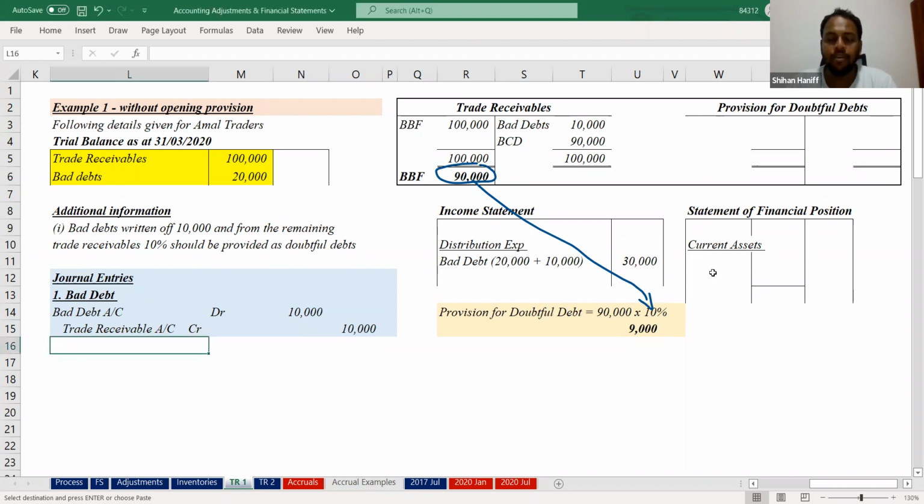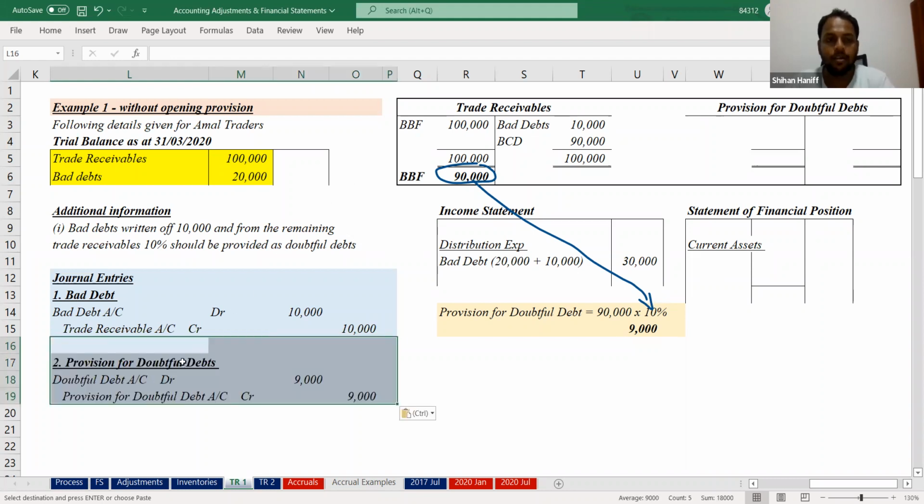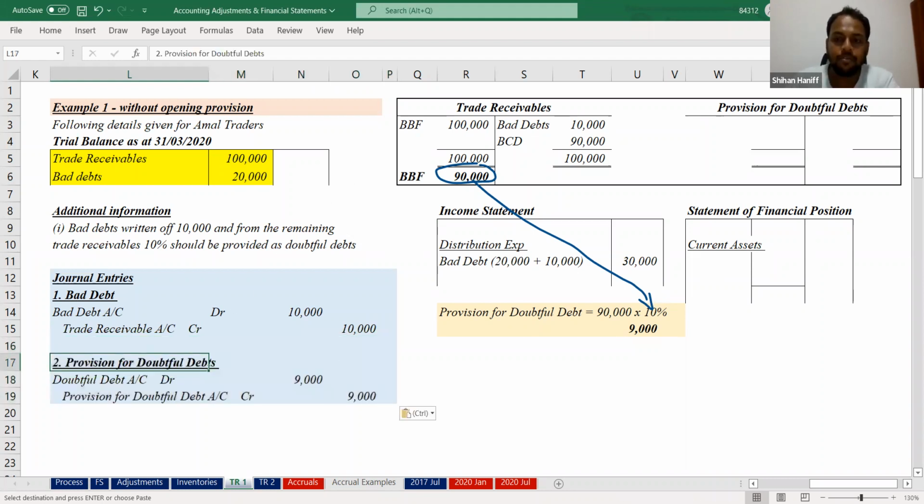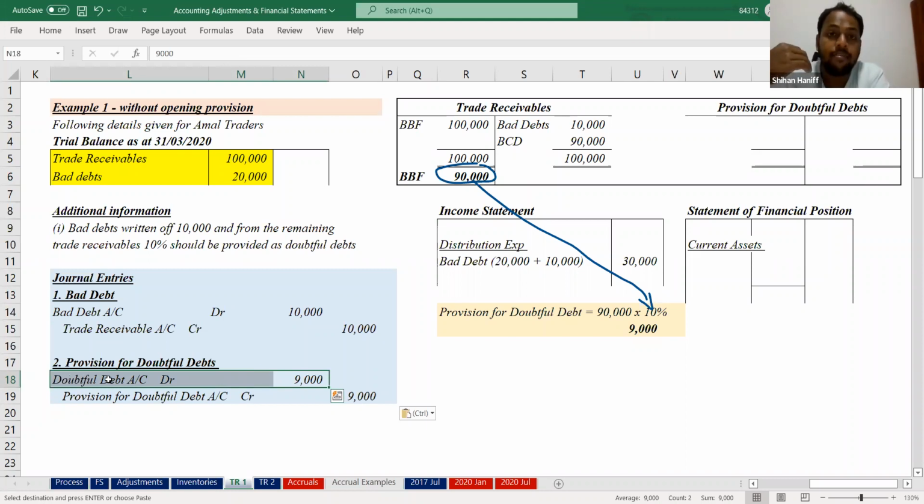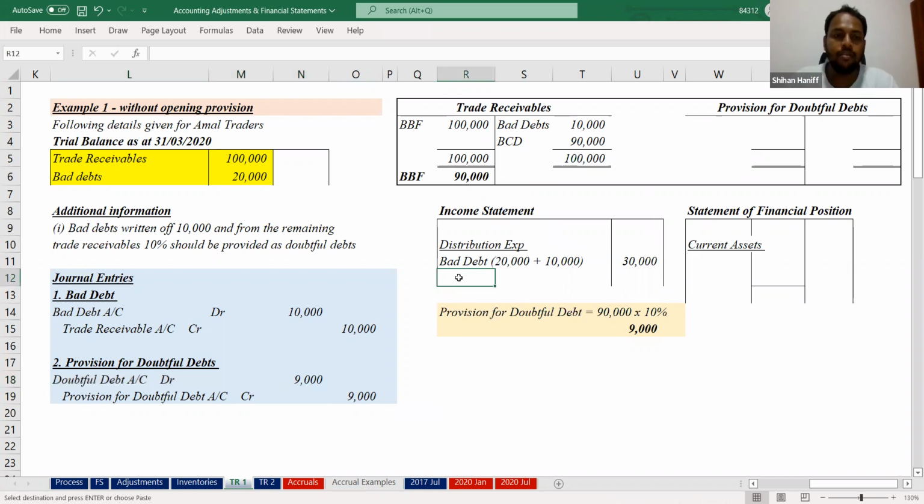It's a provision. Doubtful debt expense account debit. It is treated as an expense, so expense account debit. Expense means distribution. Doubtful debt, we call this under provision.